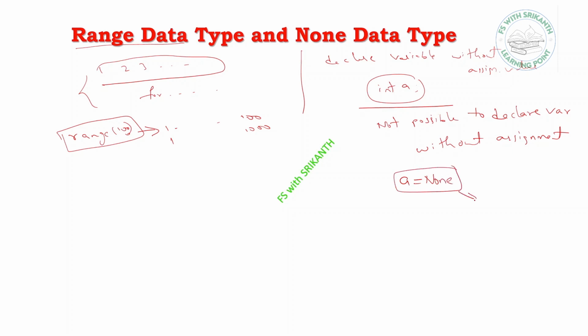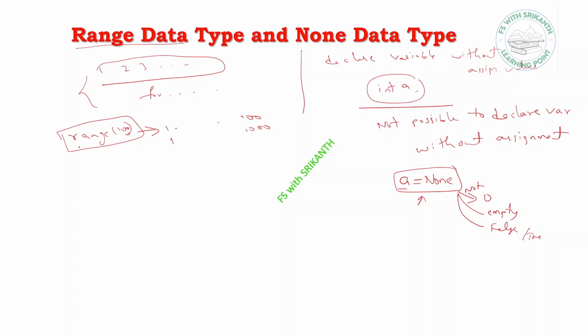Here None is not zero, and None is not empty, and None is not False or True. It is None, nothing is in this variable a. When you want to update it, you can update it, that is allowed here.